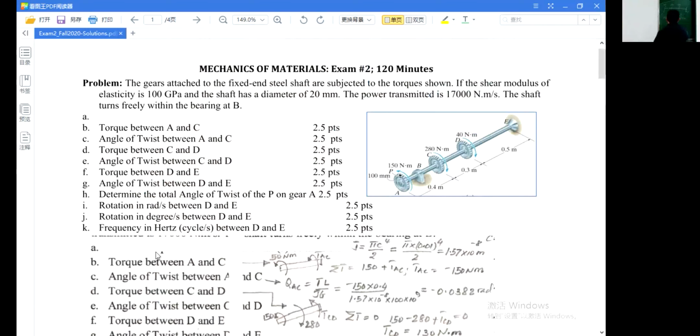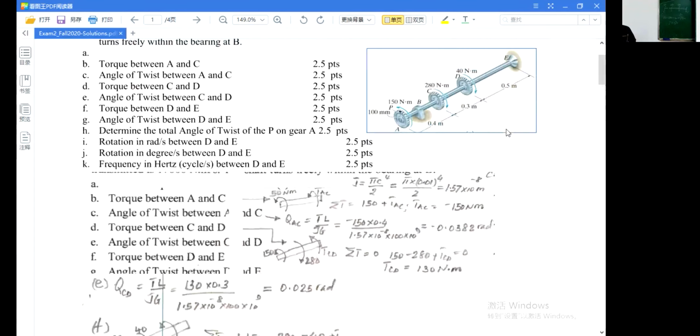Oh, yes, I make this... it is negative. Yes, right, I made a mistake. Yes, T is 170.